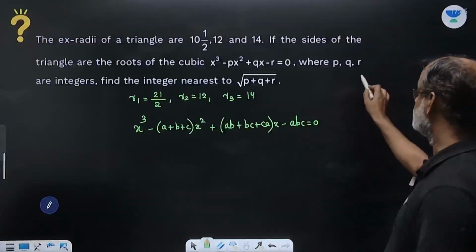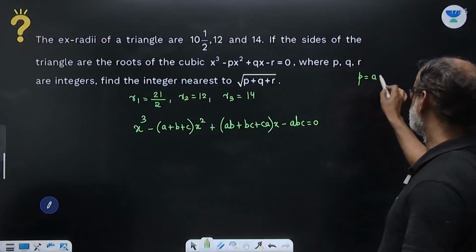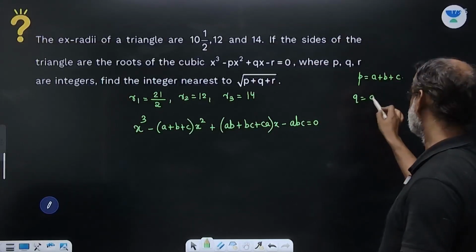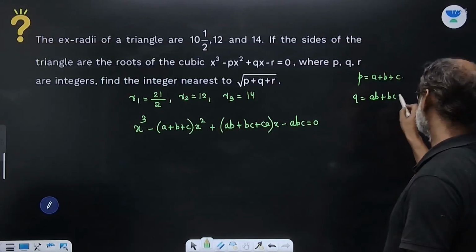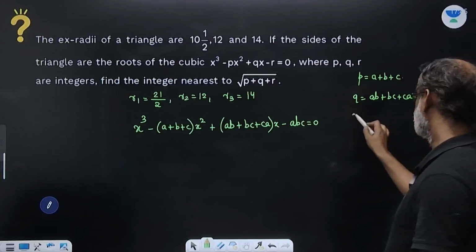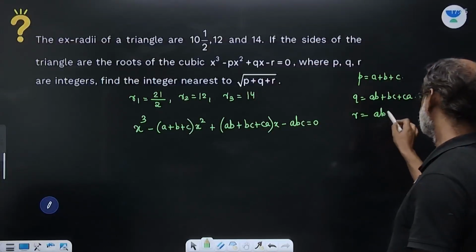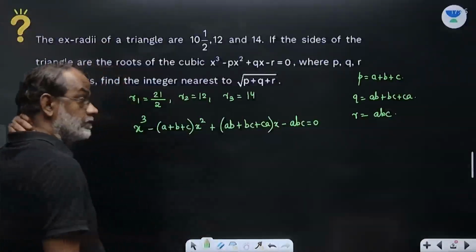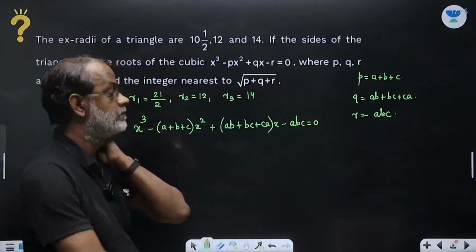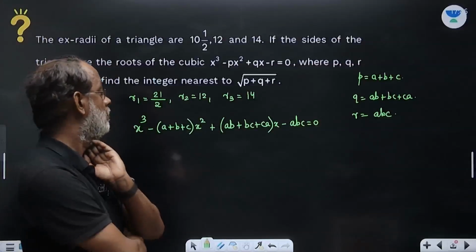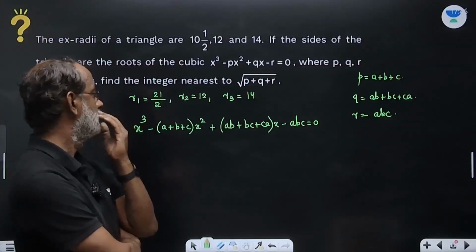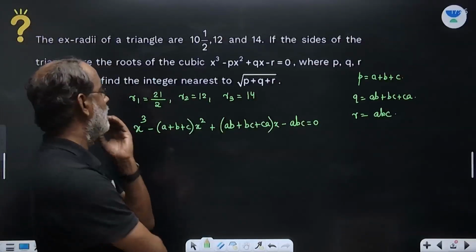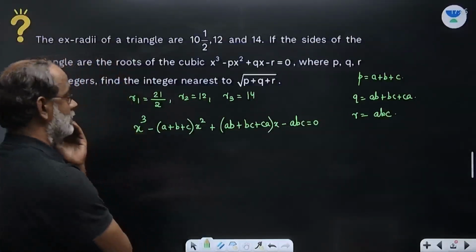So P is a plus b plus c, where a, b, c are the sides. Q is ab plus bc plus ca, and R is abc. So what we have to find is PQR. Okay, now R1, R2, R3 are known to us.